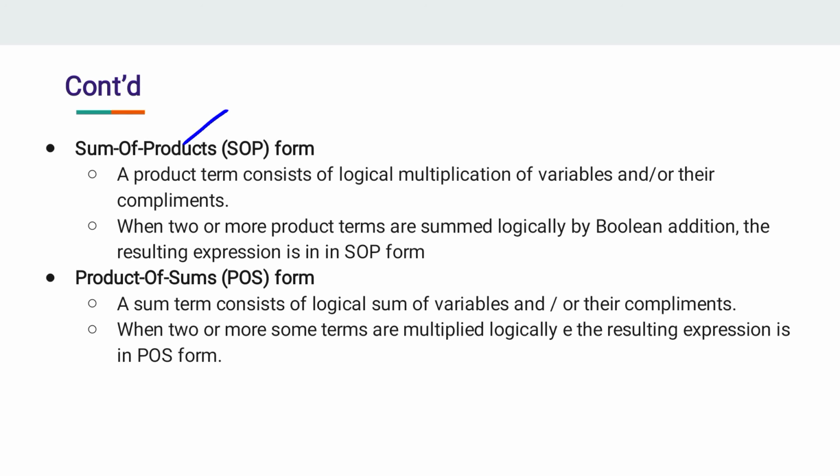When two or more product terms are summed logically by Boolean addition, the resulting expression is in SOP form. So first you do the products, then you go for the sum. At the end, whatever result you get is in SOP form.